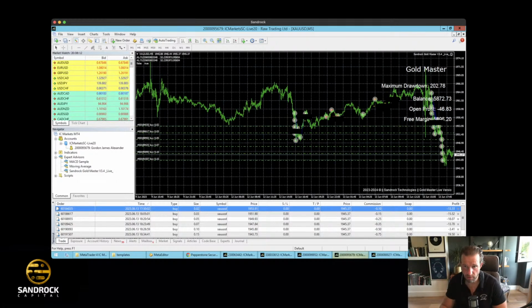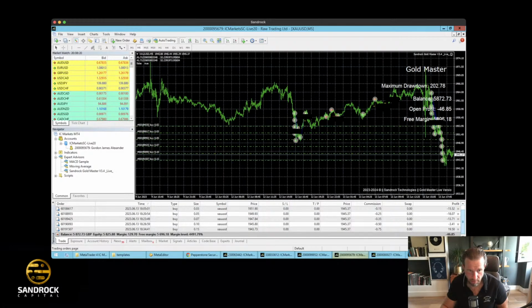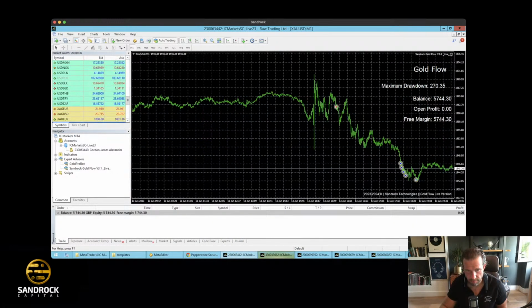Because what I do is I withdraw the profits, or half of the profits, at the end of each month across the board. So if you've got 10 bots, my theory is 10 bots all making 1,000 a month, it's 10,000 a month for those bots on small accounts. Obviously, we can increase that.